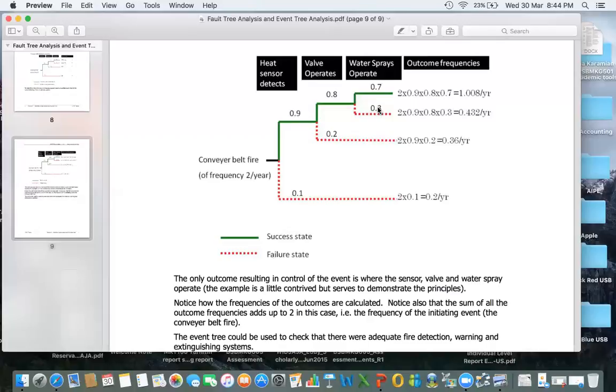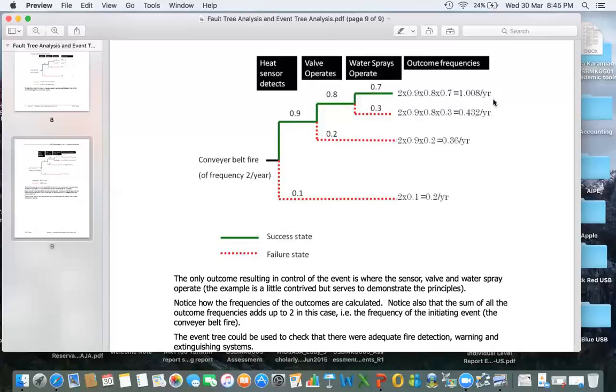Now, this is the thing, in terms of outcome frequencies. We multiply all numbers, right? Here we multiply 2 by 90%, or 0.9, 0.8, 0.7, so we get 1.008 per year, in terms of outcome frequencies for that to happen. And we also do the same thing for the others.